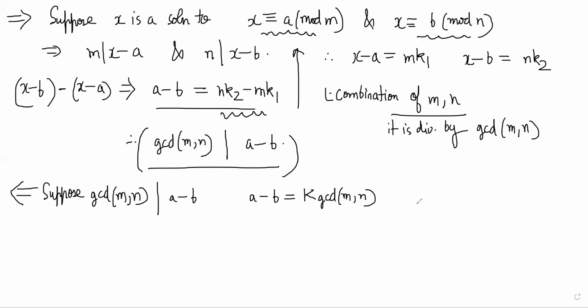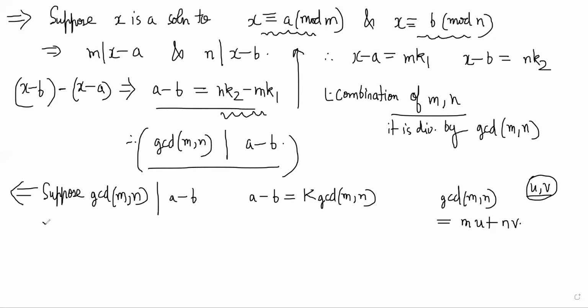GCD of m and n can be written as m times u plus n times v, that's Bézout's lemma, where u and v are integers, right?